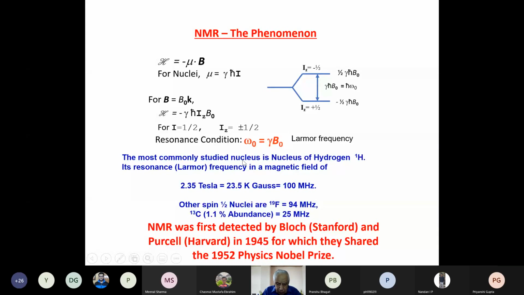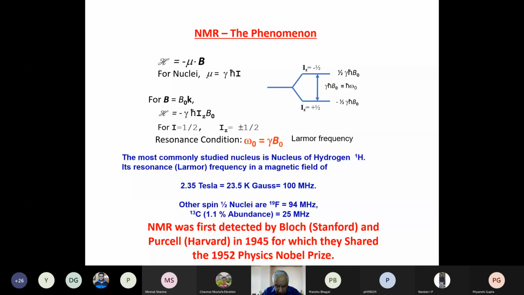The most commonly used nucleus is the nucleus of hydrogen. Its resonance Larmor frequency in a magnetic field of 2.35 Tesla, which is equal to 23.5 kilogauss, is 100 megahertz.